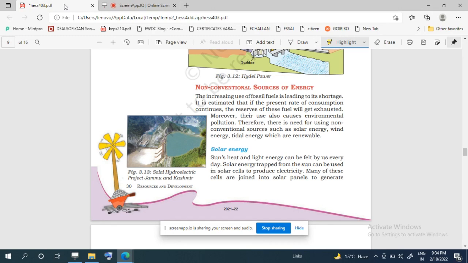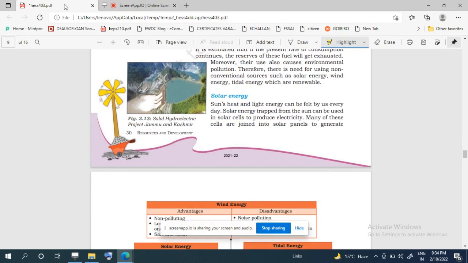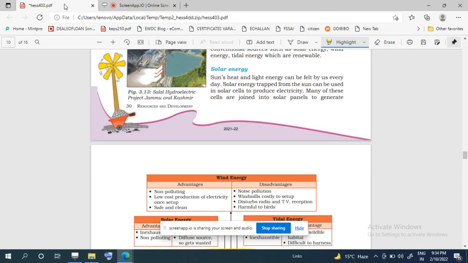Okay, and we find that there are many new sources of energy that have been generated. Like, first of all, we will discuss solar energy. Sun is the ultimate source of heat and light for us, and this heat and light of the sun can be converted into a usable form so that we can use it as energy.